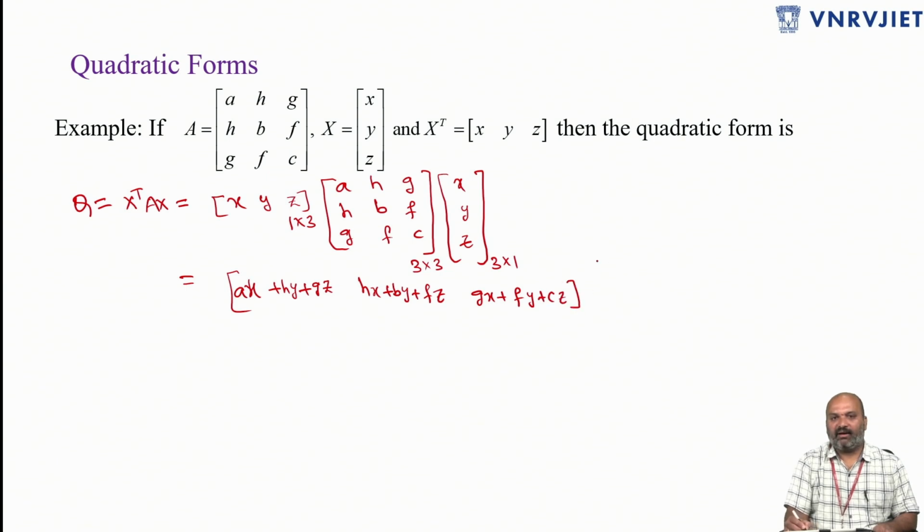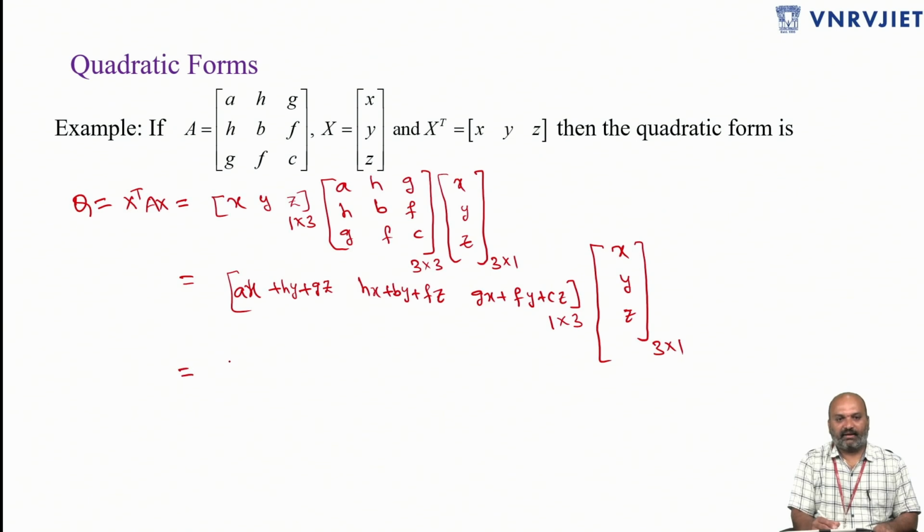And now the vector, it is x, y and z. Observe that this is a matrix of order 1 by 3 and this is a matrix of order 3 by 1. Multiplying these two, the number of columns in the first matrix is 3 and the number of rows in the second matrix is 3, so the multiplication is compatible.